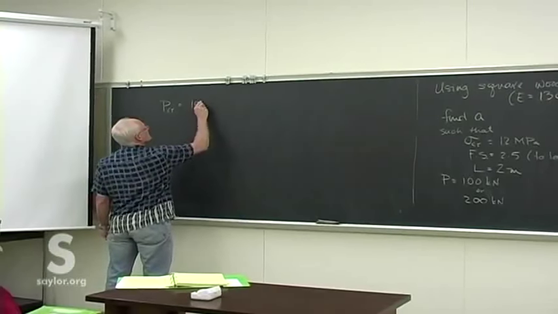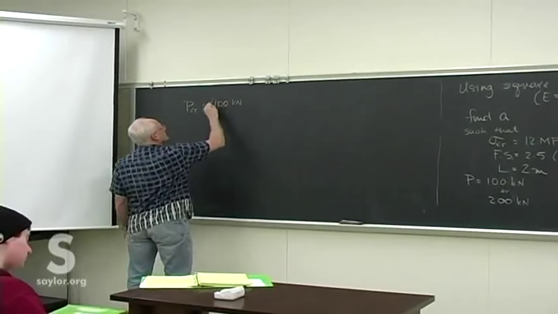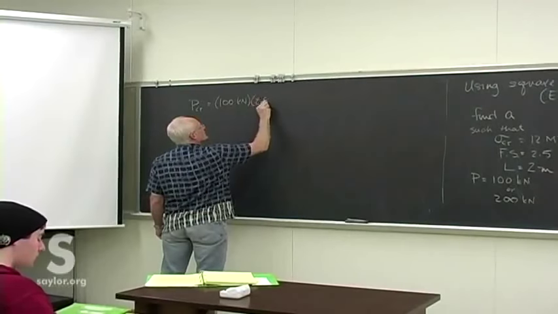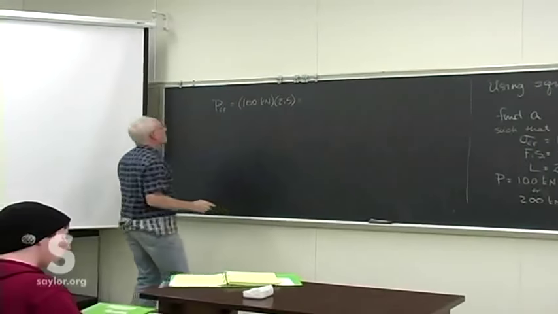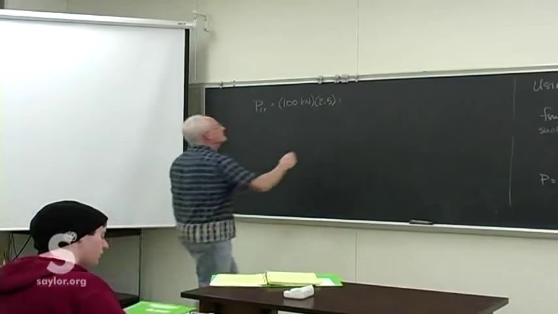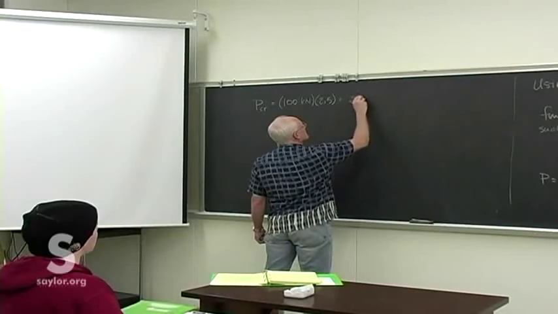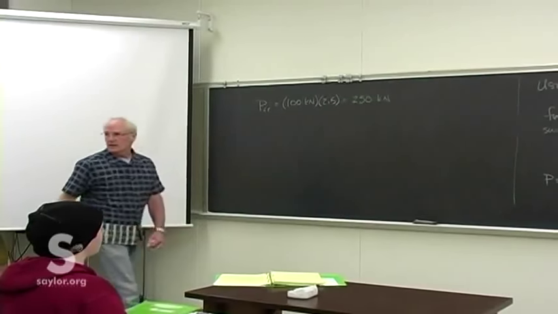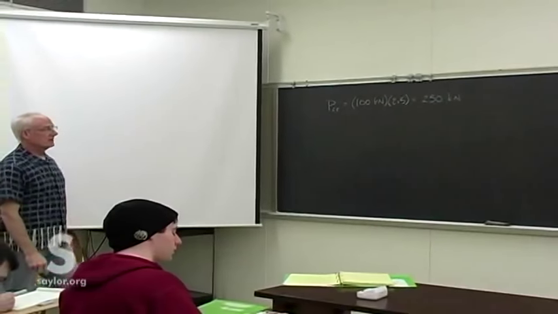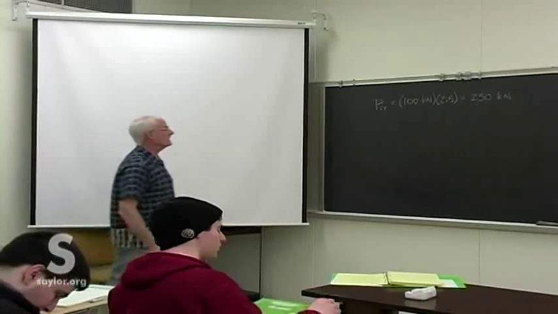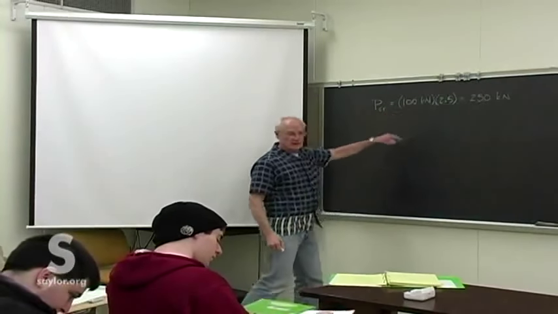We'll start with the first 100 kilonewtons times the 2.5. So we're going to design it for a critical load of 250 kilonewtons. That will over-design it. We'll put in a lot more material in the column to withstand the 250, expecting only 100 will be on it.